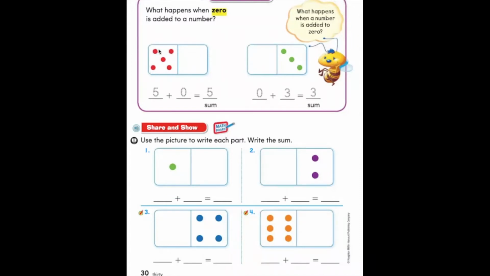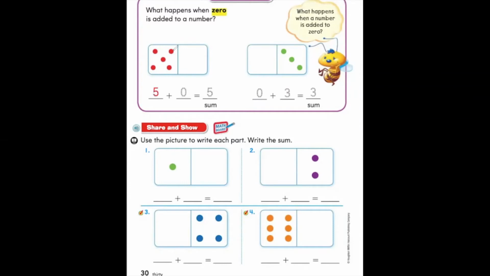In our picture, we see 1, 2, 3, 4, 5 dots on one side. On the other side of our picture, we see no dots. The first part says there are 5 dots.